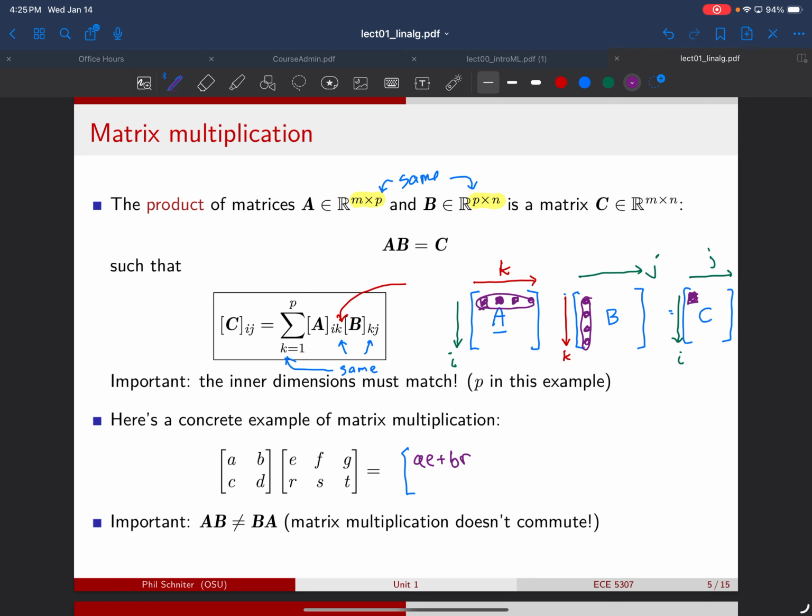To get the next element to the right of that, we're going to have A times F plus B times S. AF plus BS.